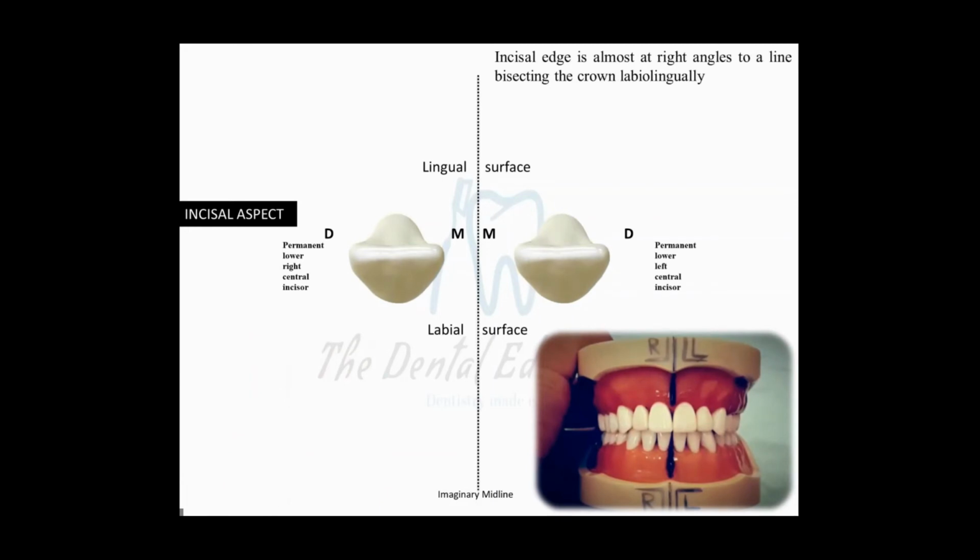Now furthermore, we see some more features on the incisal aspect of the mandibular central incisors. These features include that the incisal edge is approximately at right angles to the line bisecting labiolingually.